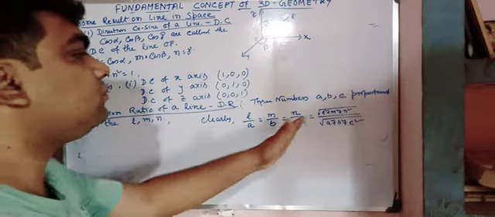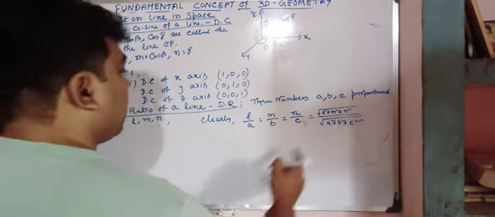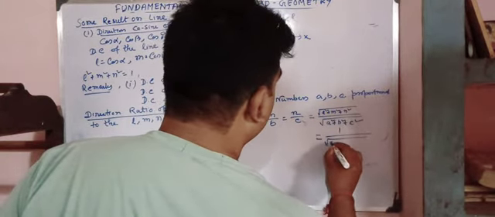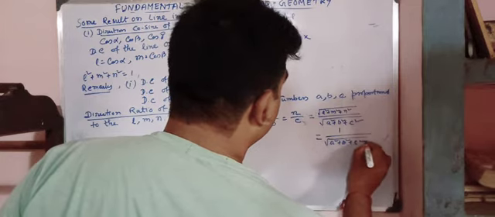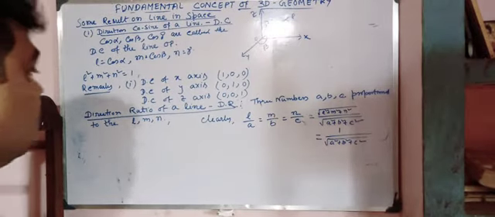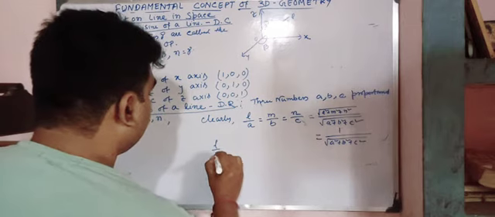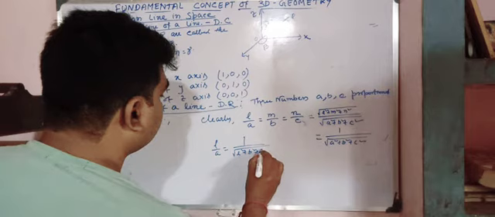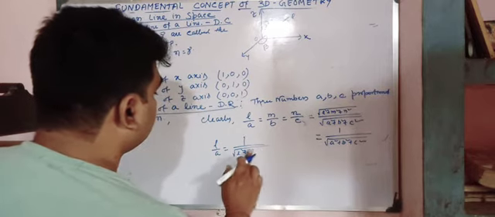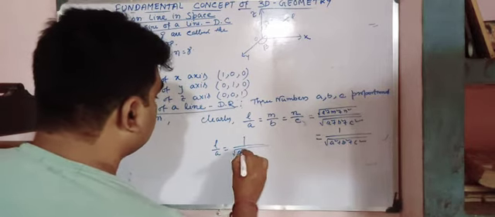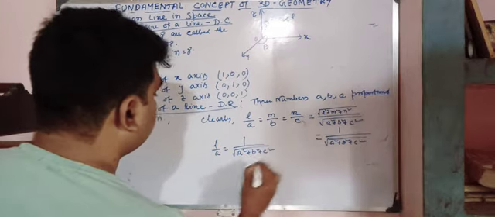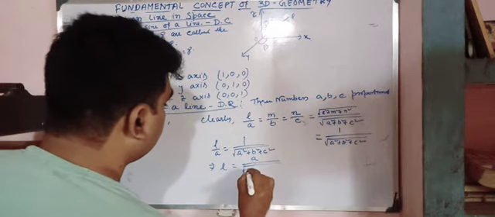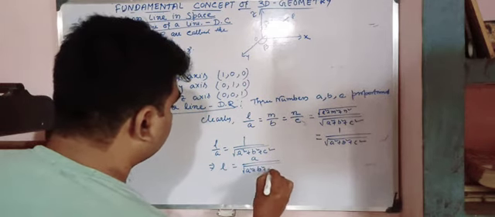As we know that L square plus M square plus N square is equal to 1, so 1 should be there. So from here we can say that L by A is equal to 1 by root over of A square plus B square plus C square. So my L is equal to A by root over of A square plus B square plus C square.